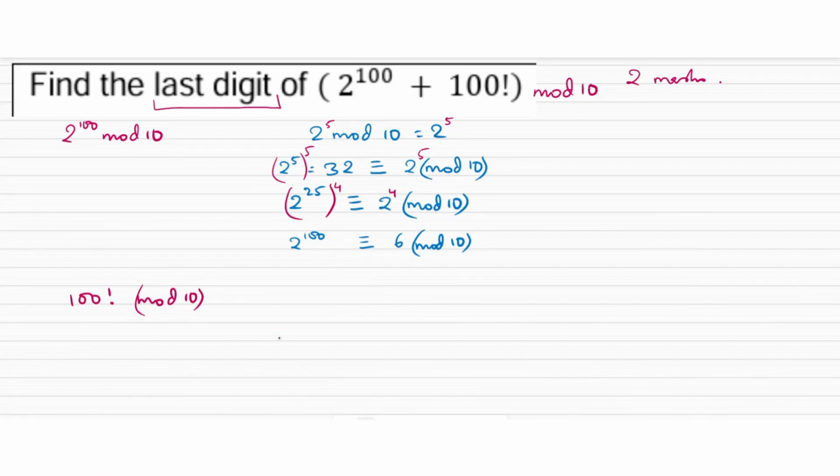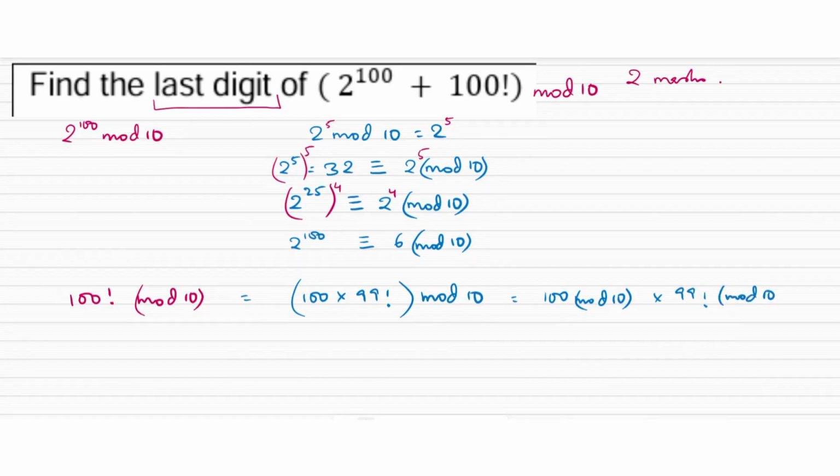Now 100 factorial can be written as 100 into 99 factorial modulus 10. Again, like addition, multiplication can also be done individually. So 100 mod 10 multiplied by 99 factorial mod 10.